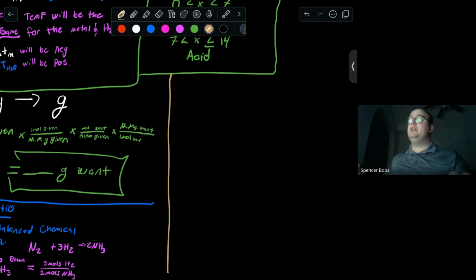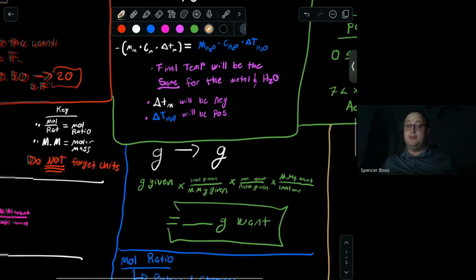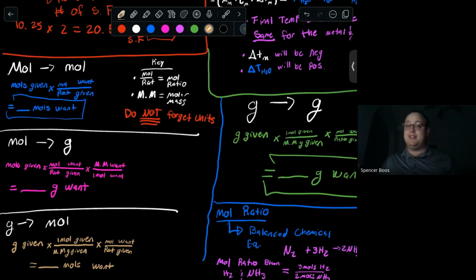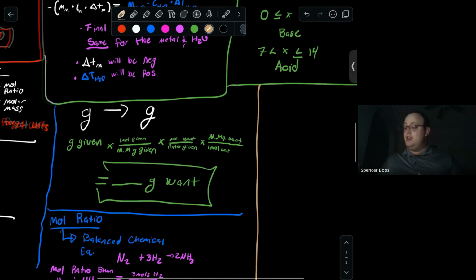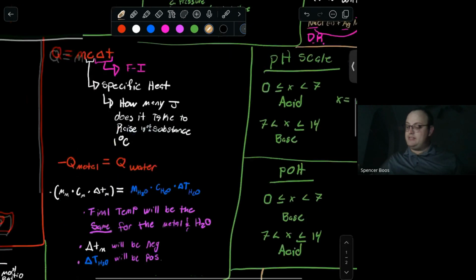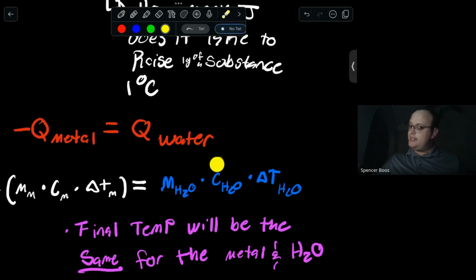There is only one equation that is not given that we've already kind of covered here. Well, I guess like five if you count stoich. Any stoich equations are not given, so you need to be aware of how to get from one thing to another. The other one that is not given is actually here. This one, where your negative Q metal is equal to your positive Q water.